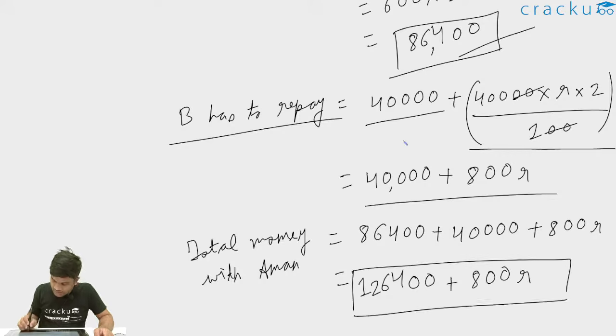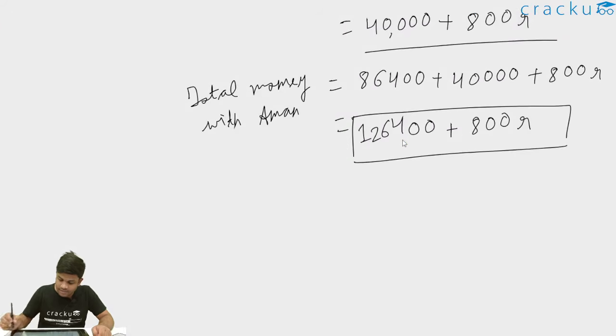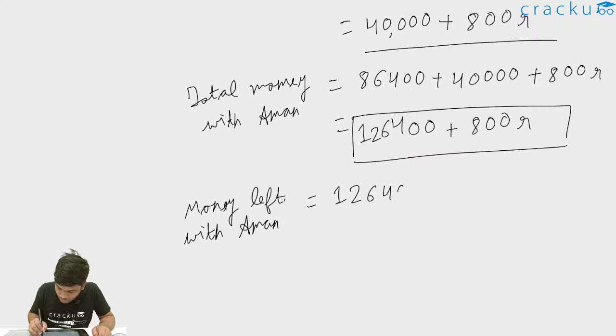This is the total money that Aman will get, and Aman has to repay 1,21,000 back to the bank. So the money left with Aman will be 1,26,400 plus 800R minus 1,21,000.